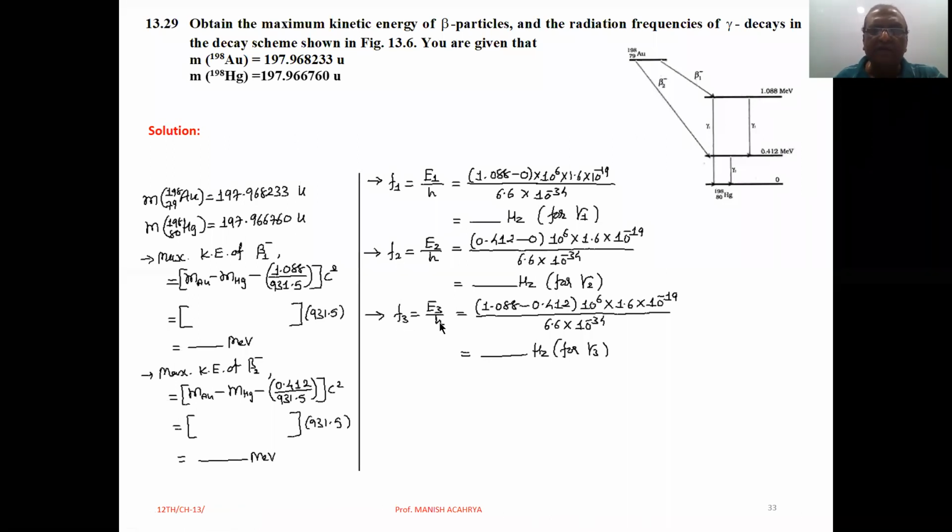The third possible transition is 1.088, this is the second one, minus 0.412 MeV, into 10 raised to 6 into 1.6 into 10 raised to minus 19 divided by 6.6 into 10 raised to minus 34. Solve it, you will get this much hertz for gamma 3 radiation. Clear?